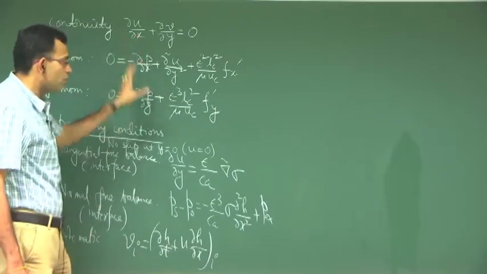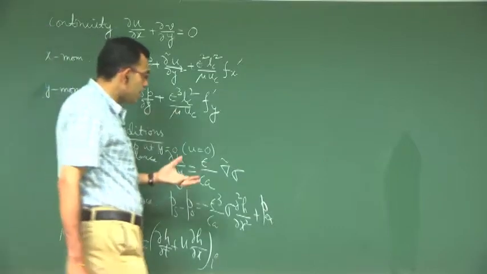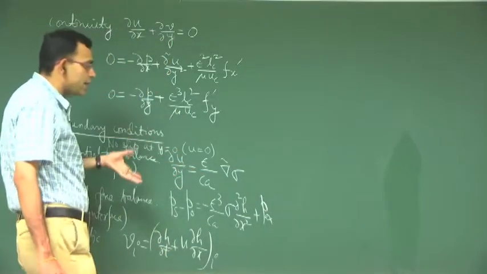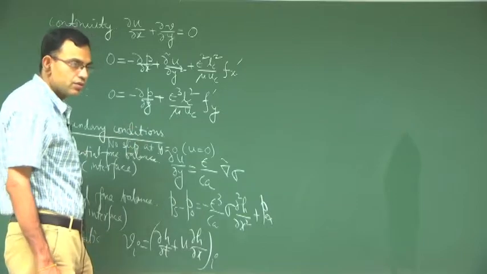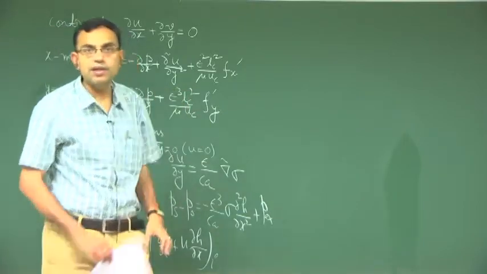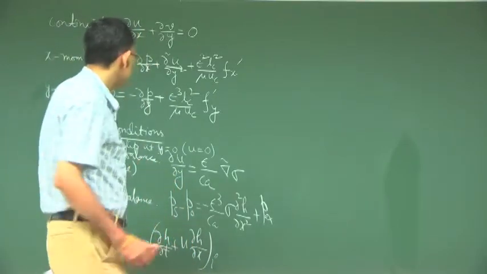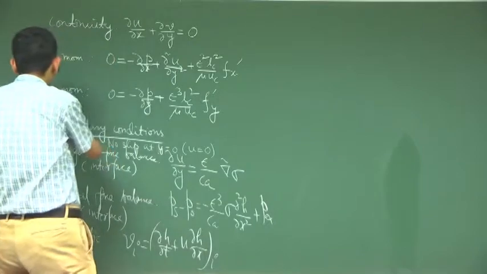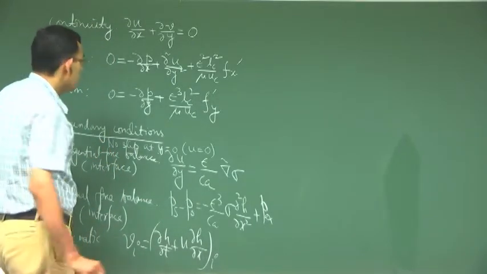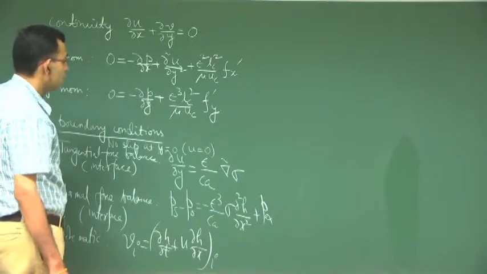So, these equations eventually can be manipulated to obtain a velocity profile. What we have done, I am recapitulating before I write the final expressions. We first integrated the y momentum equation to get pressure as a function of y.